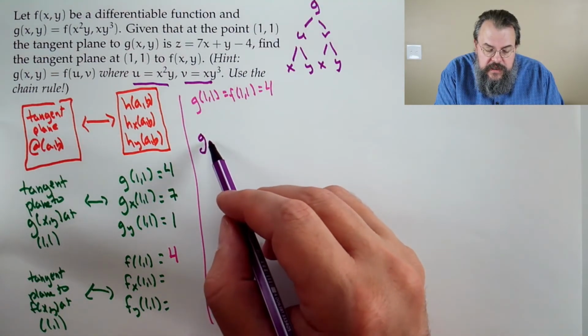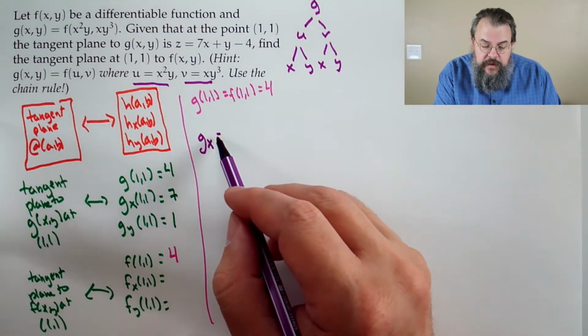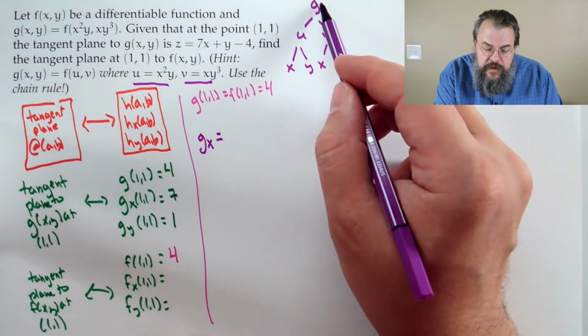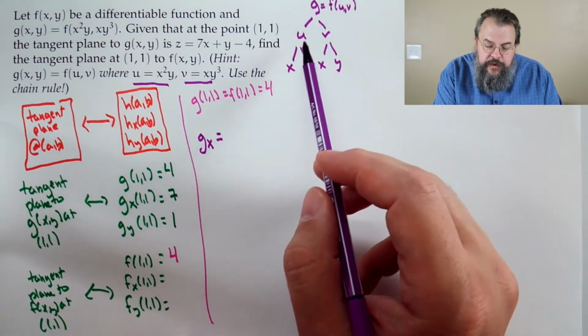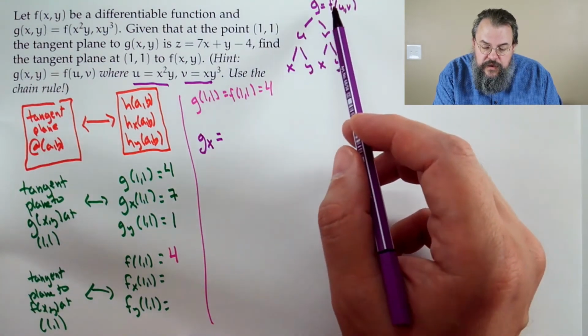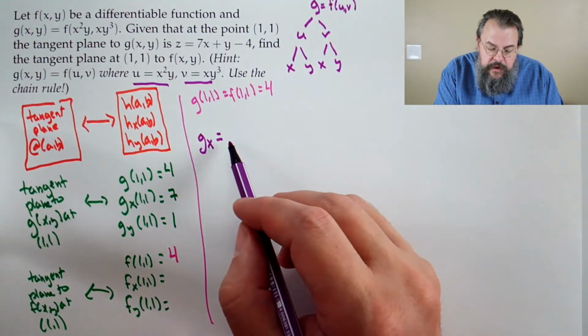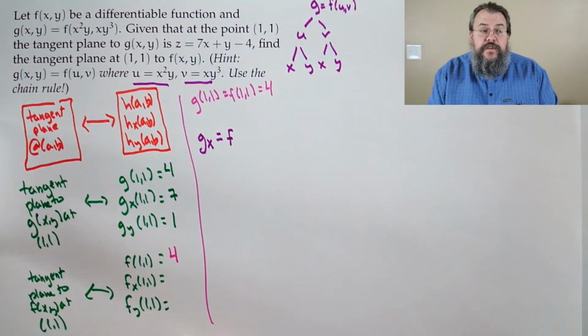Okay, so we can say the following. We can say g sub x, that's partial g partial x, is equal to what? Well, we're going to take g, which really is this function f of u comma v. We're going to take the derivative of that with respect to u. Well, it would be f, see, the u is in the first slot.